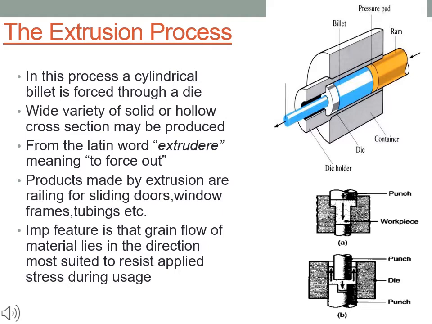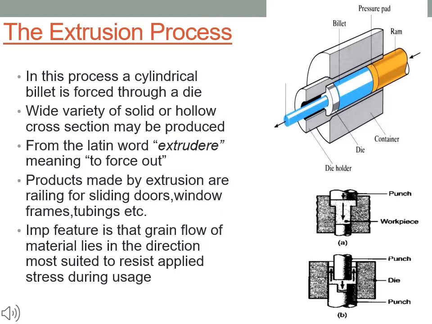The die opening may be round or it may have various shapes depending on the desired profile. An important feature of the extrusion process is that the grain flow of the material lies in the direction most suited to resist the applied stress during usage.